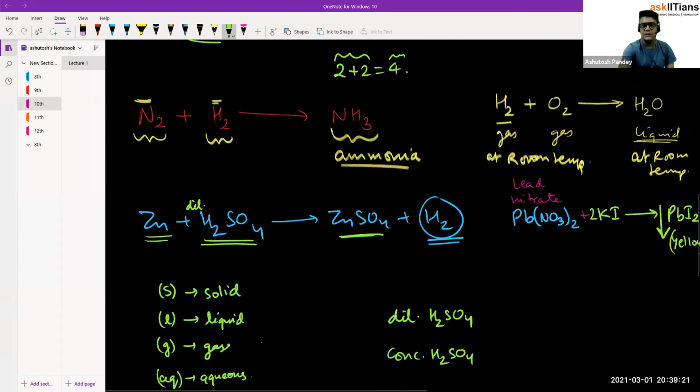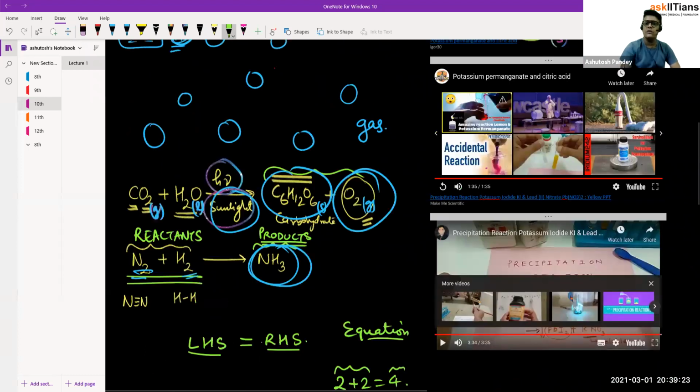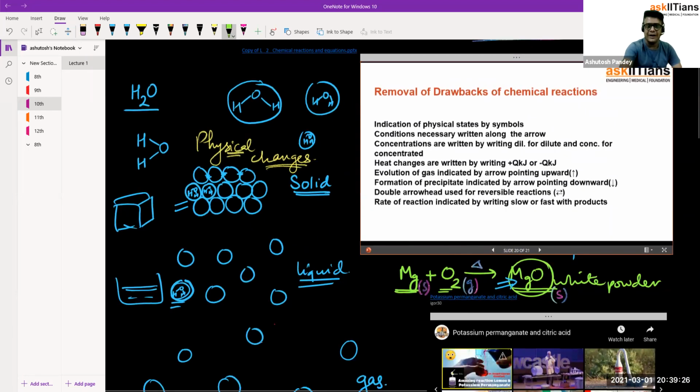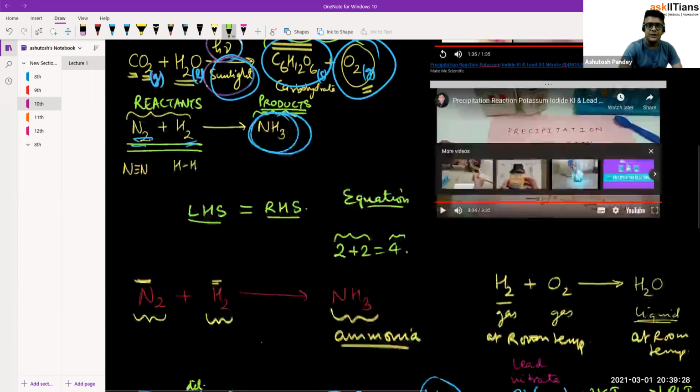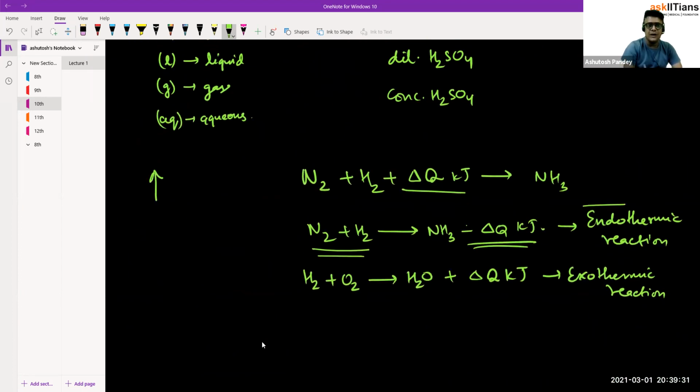Now, evolution of gas is indicated by an arrow pointing upward. As I explained, we can use this arrow with H2, which means it represents gas. And for PbI2, we represent it with a downward arrow, meaning precipitate formed or solid formation occurs.